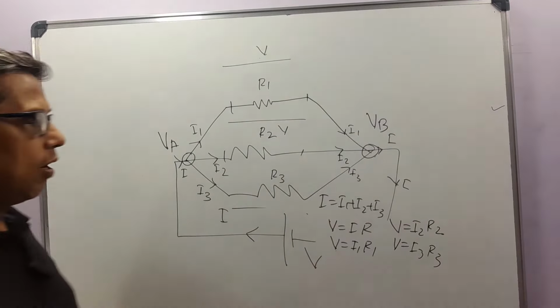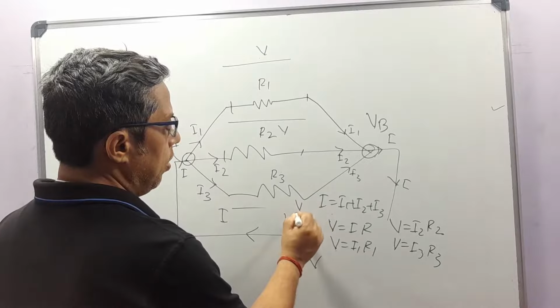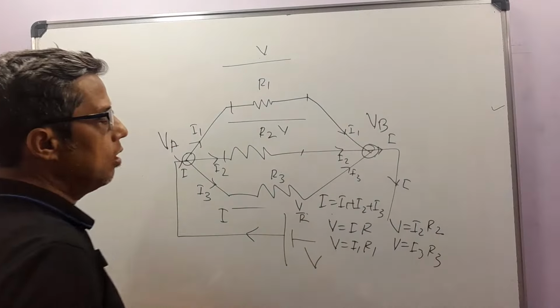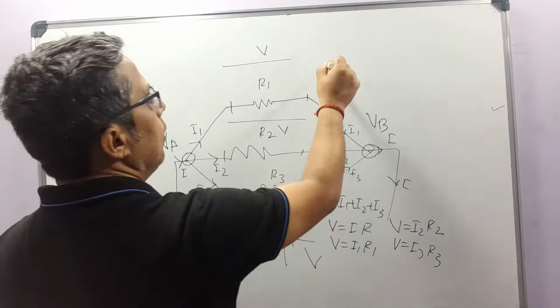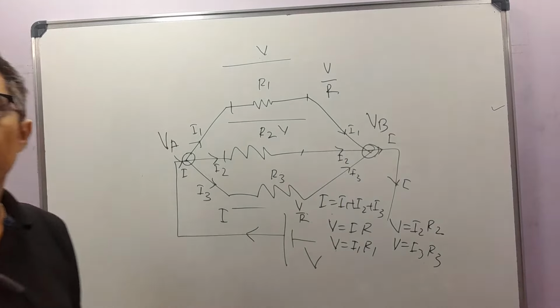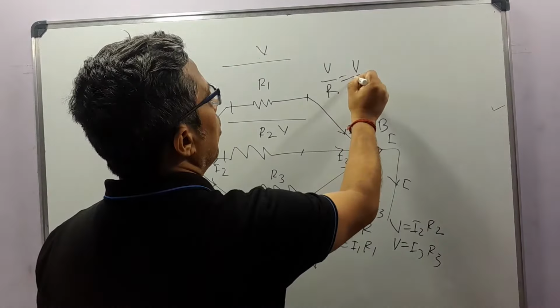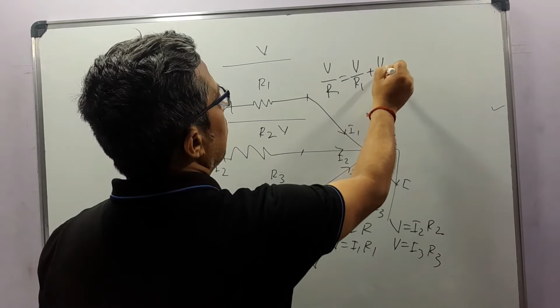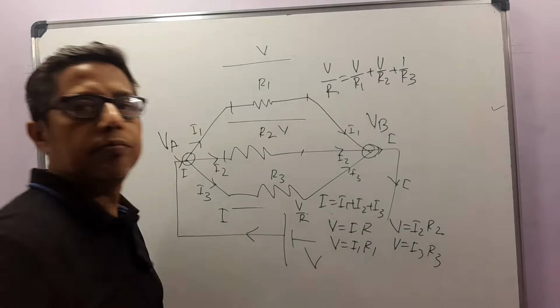So I is equal to I1 plus I2 plus I3, and I is equal to V by R. If we replace that, we get V by R is equal to V by R1 plus V by R2 plus V by R3.